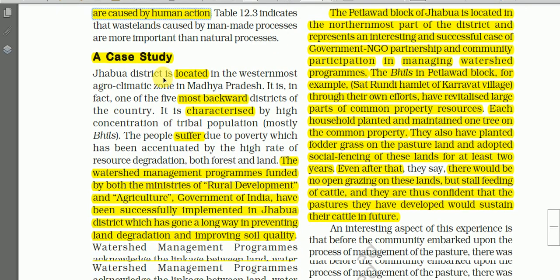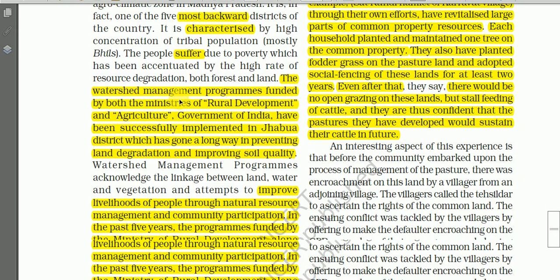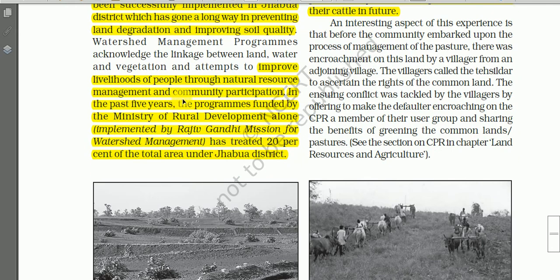So here we have a case study, about the success story of a watershed management program implemented in the Jhabua district of Madhya Pradesh.